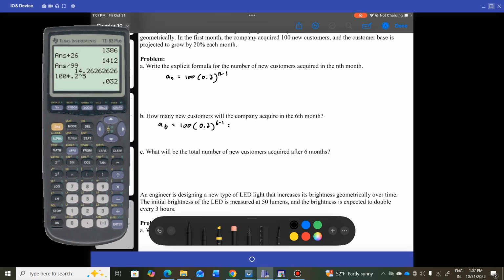Oh, I see. This is not 0.2. This is 1.2. We have to add this, so it's increasing. So let's write this as 100 times 1.2 to the fifth. And so we get about 248.8, or almost 249.